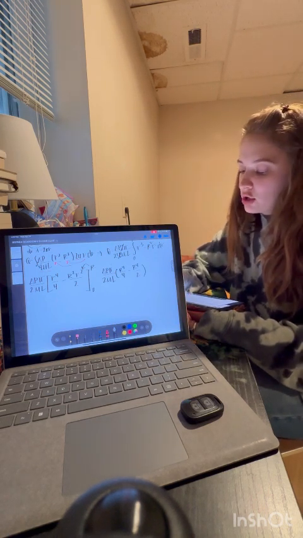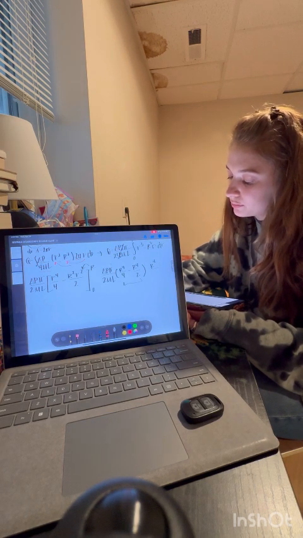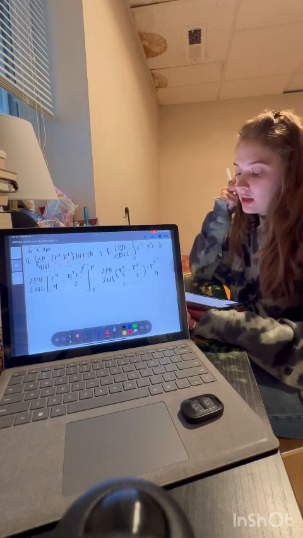So if we subtract these two, you're going to get R to the 4th over 4 times the negative.